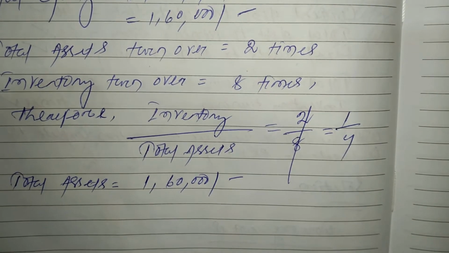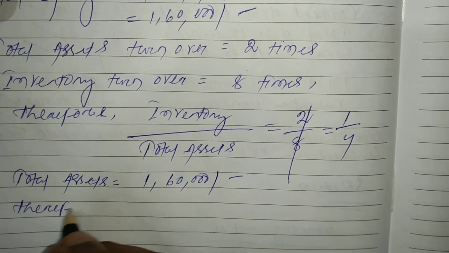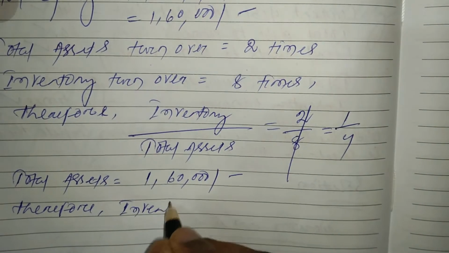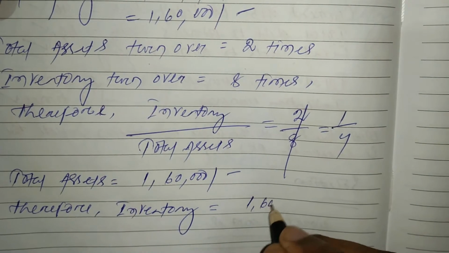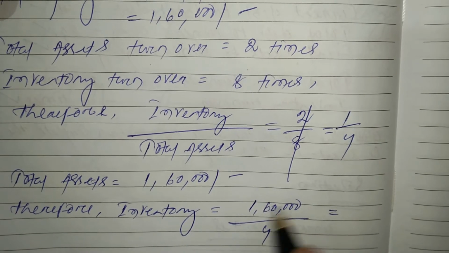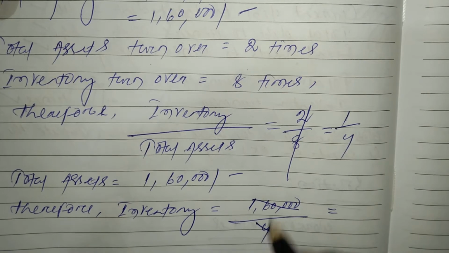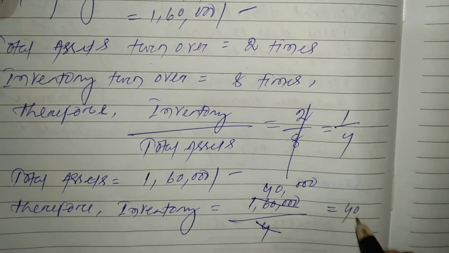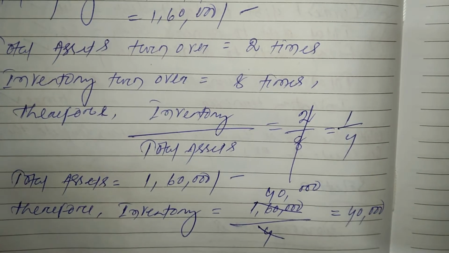If total asset is 1 lakh 60,000, therefore inventory will be 1 lakh 60,000 divided by 4, which is 40,000. So we obtain inventory 40,000.